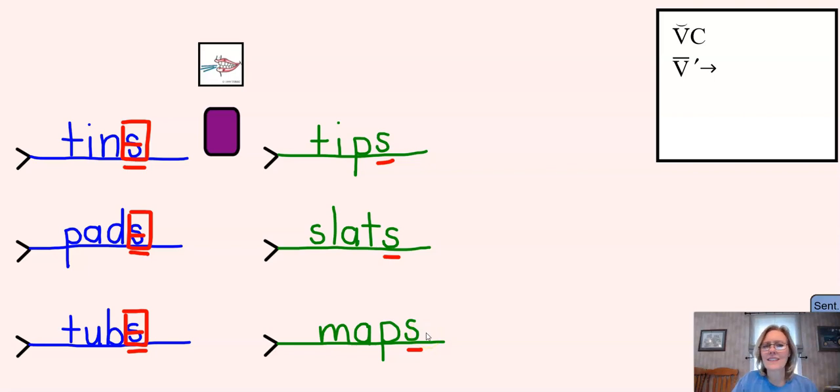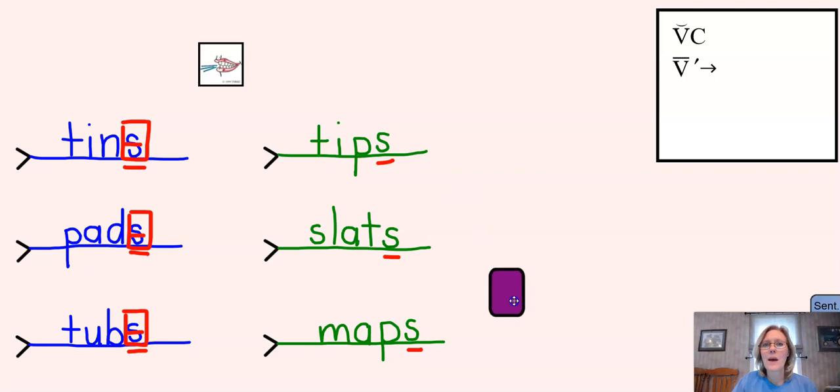They didn't say the voiced Z sound for S, did they? Let's cover each one of these up. What? We have a base word in front of there, don't we? Tip. And if I take that, tips. Slat, another base word. Slats. With a suffix S at the end, right?